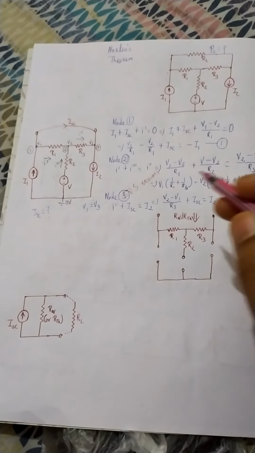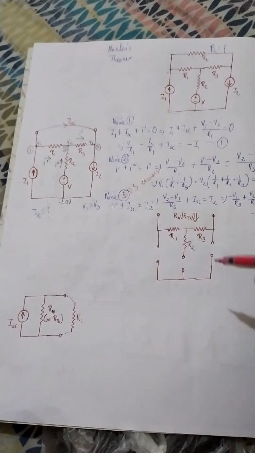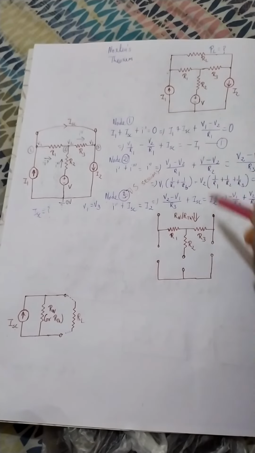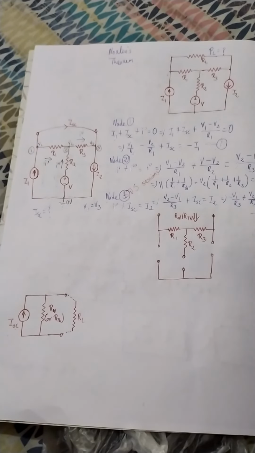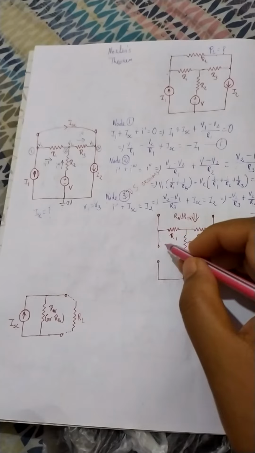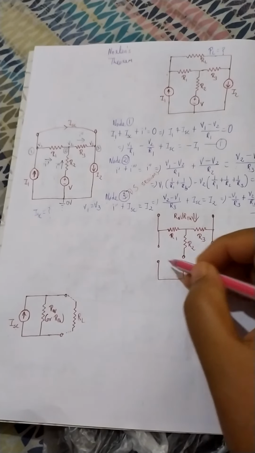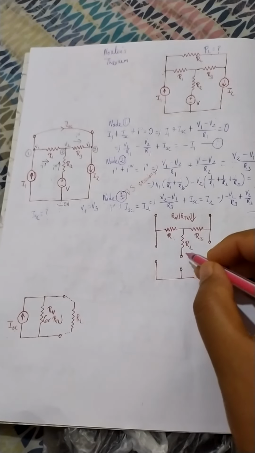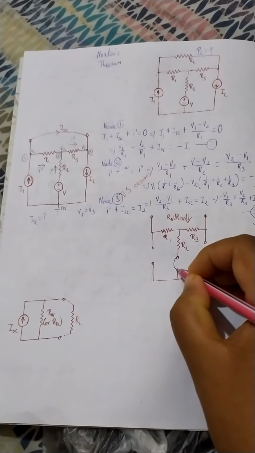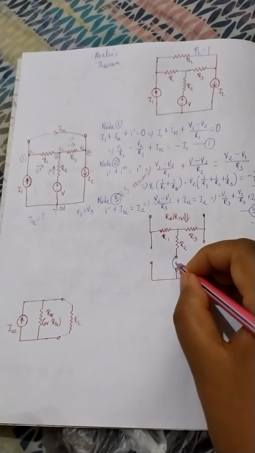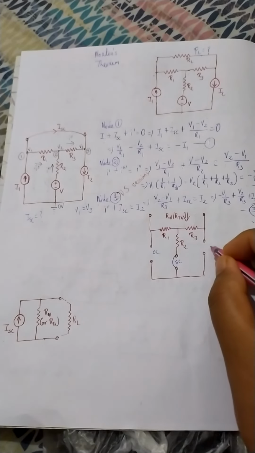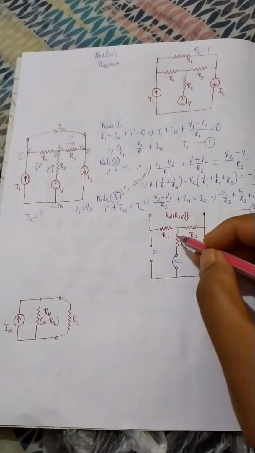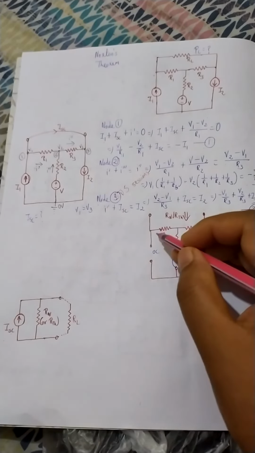Next we have to find Rn. For finding Rn, we need to deactivate all the sources, replacing them with their internal resistances. The current source will remain open circuited, and the voltage source will be short circuited. Now let us check the resistance.